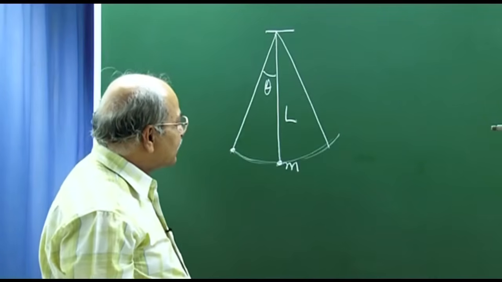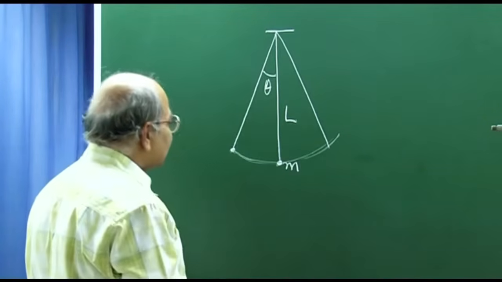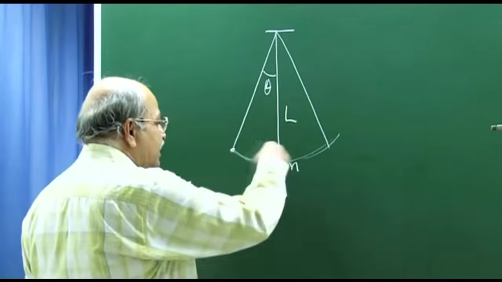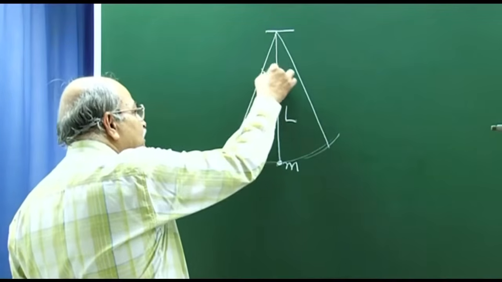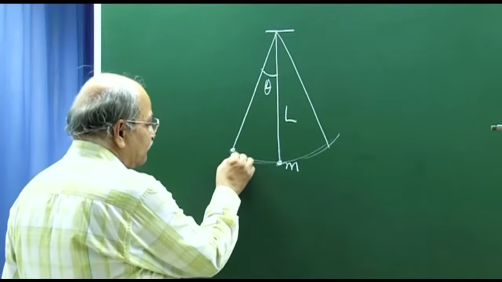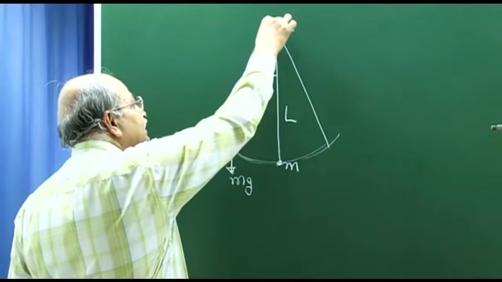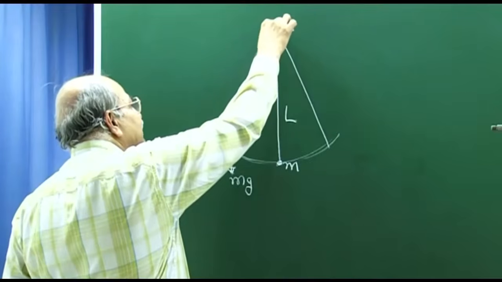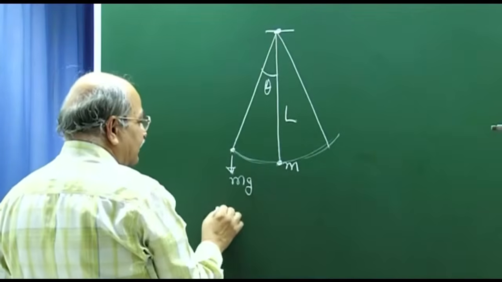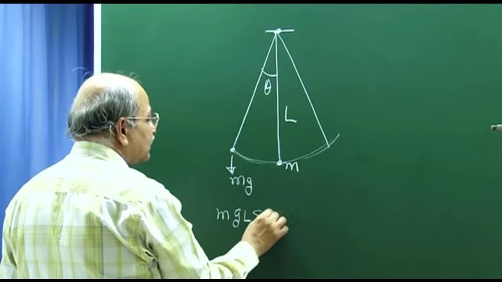How do we get the expressions for time period? We write equations of motion. If you take angular position as your variable, then you have force mg, and here is the axis of rotation. So, you take torque about that, and that will be mg into L into sine theta.